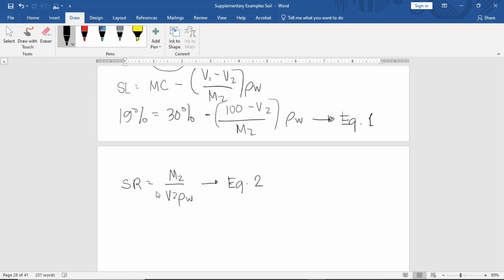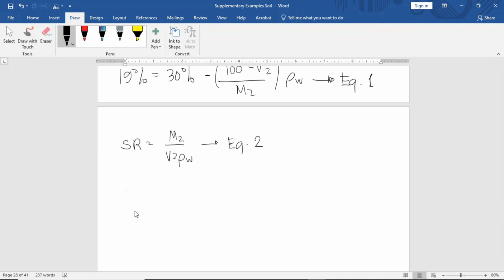So, after natin makompute yan, meron tayong formula na specific gravity of the soil is equal to 1 all over (SR, for shrinkage ratio, minus SL) all over 100.